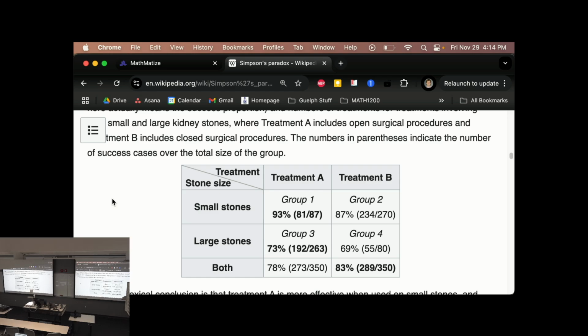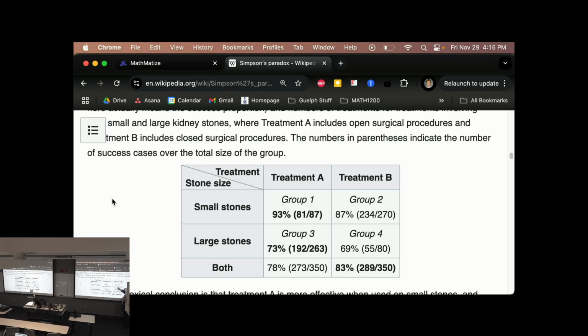Now, what's the explanation behind this? The reality is treatment A is better for small stones and it is better for large stones, but there are a lot more small stones than large stones, and with small stones they tend to get lots of successful treatments. It's probably a less invasive treatment or something like this.